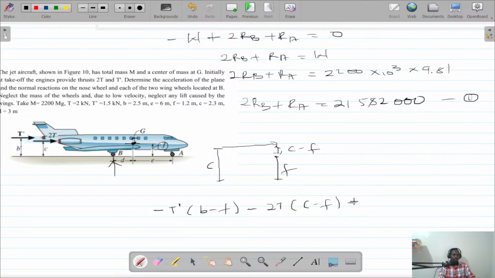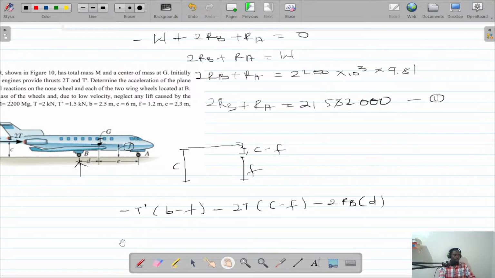So minus 2RB multiplying D. So the force, we can see it to act in this direction. The perpendicular distance should be from here to here, which is D. Now we have RE. The distance is E, and it's counterclockwise. So we have plus RE multiplying E, and it should be equal to 0.